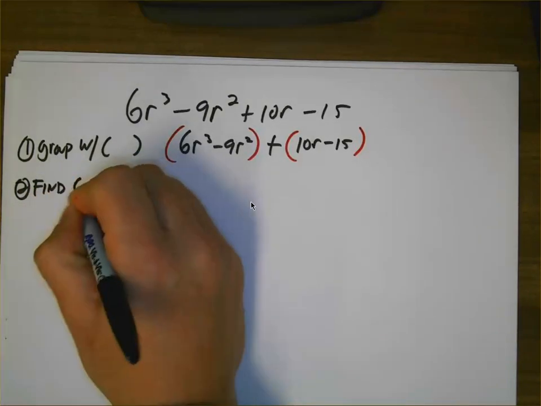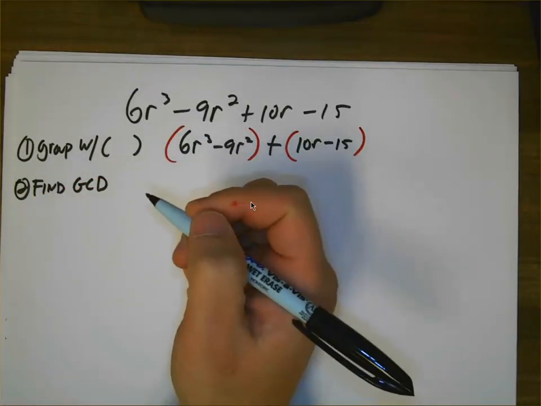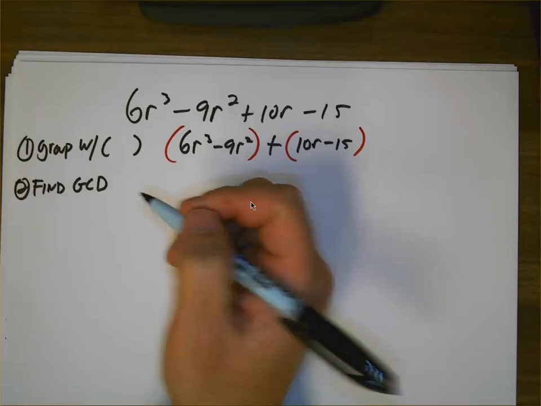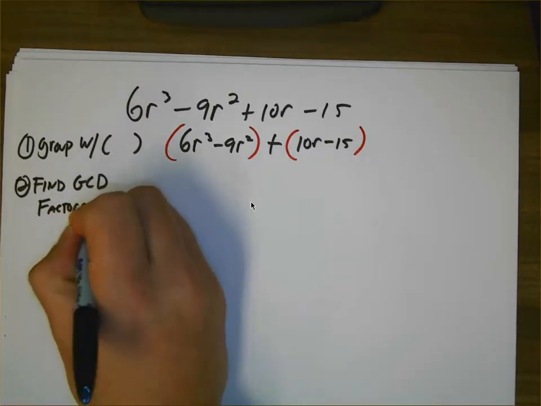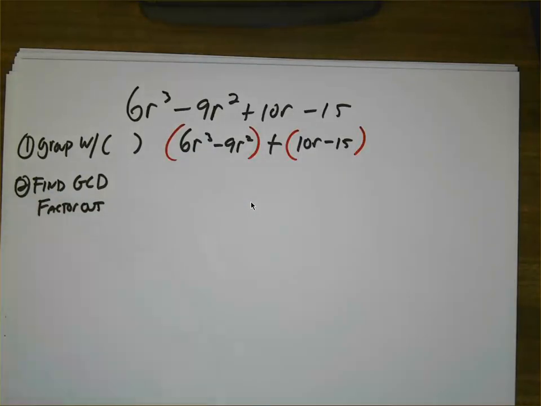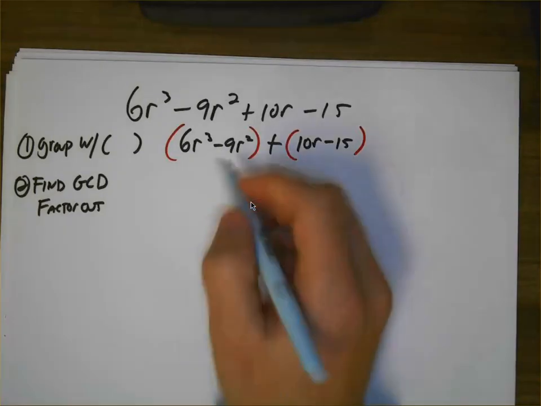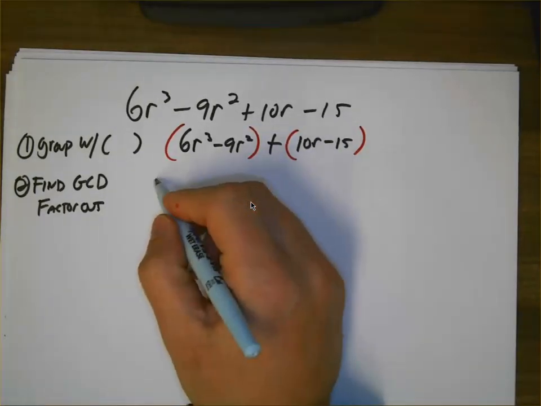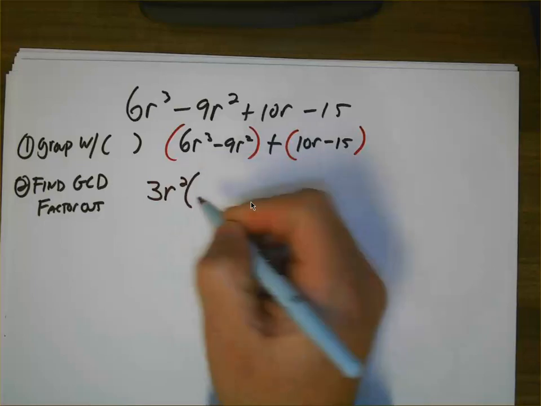And then number 2, find the GCD and factor out. All right, so what's the GCD here? On the first one, 6r cubed and negative 9r squared, I believe that might be 3r squared, right?